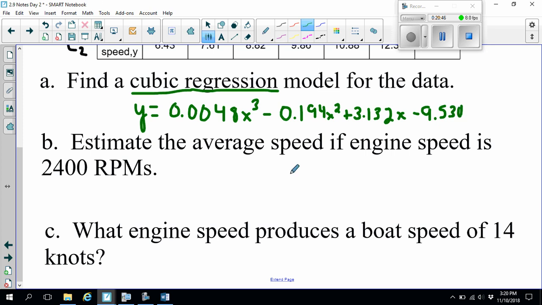That'll be our constant there. Okay, so that is our cubic regression model for the given data.